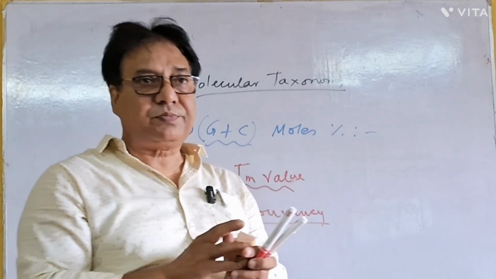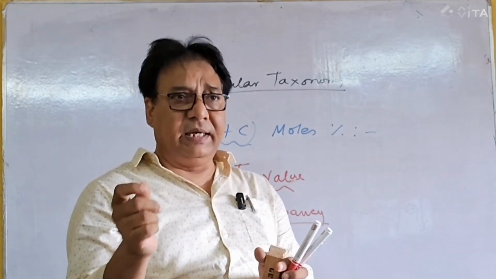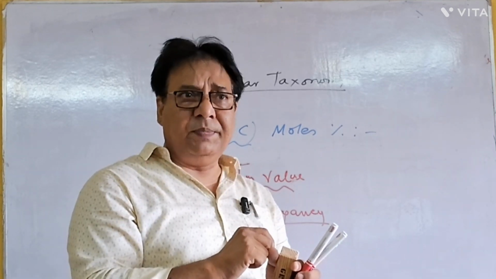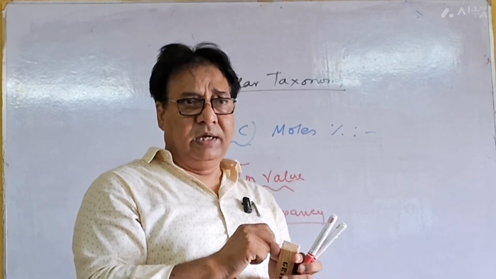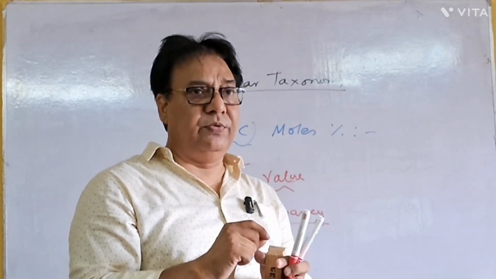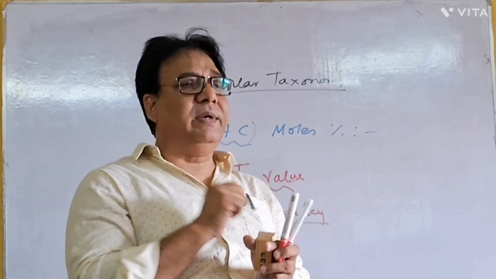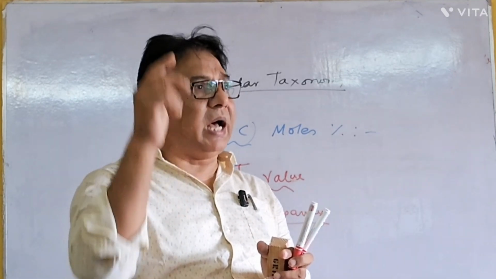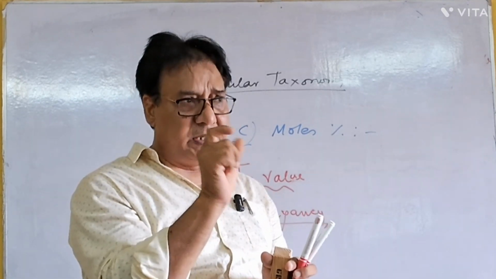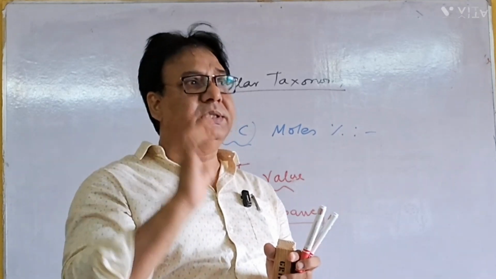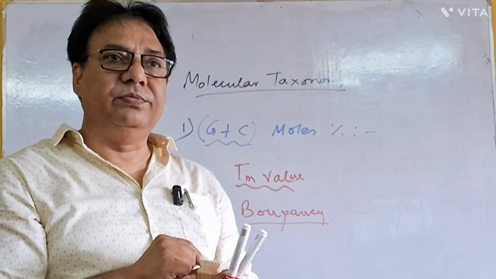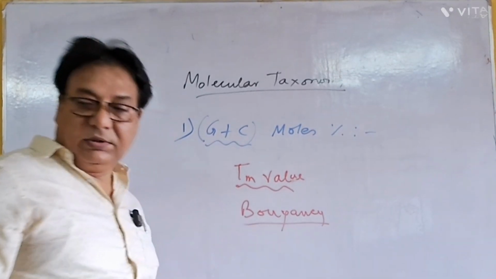In other words, when you are melting the DNA and you are measuring the optical density, the absorbance of the DNA at 260 nanometer wavelength, the temperature at which the absorbance is half the maximum is called the Tm value. Let me explain you further.